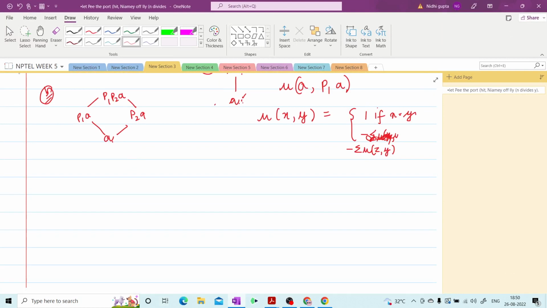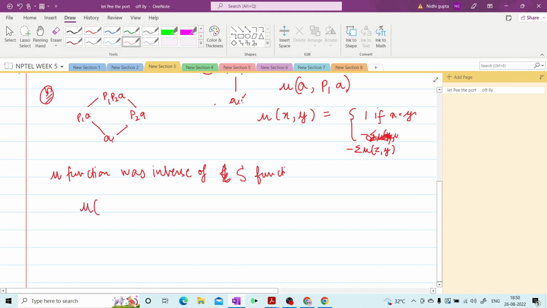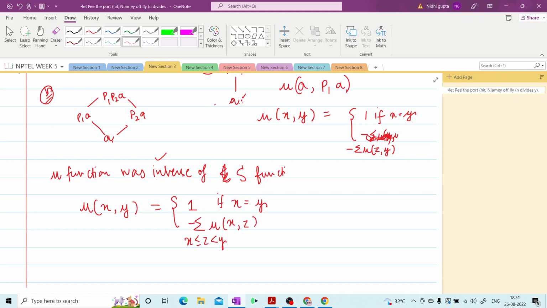So see, our Mobius function was an inverse of the zeta function, and in general we had this formula: Mobius of xy is 1 if x is equal to y, and minus the sum over mu x z, where x is less than or equal to z is less than y, if x is strictly less than y.